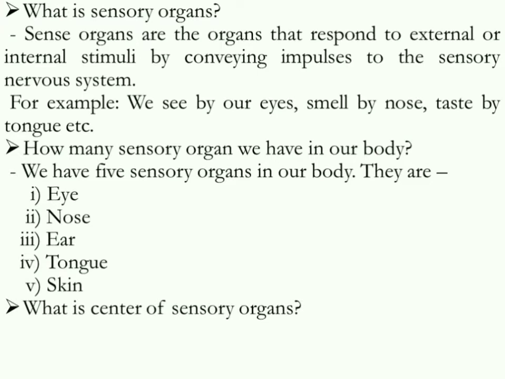For all these sensory organs, there should be a center. That means all the information goes to one place, and from that place the orders come. That is the brain. The brain is the center of our body. Everything in our body is controlled from the brain.